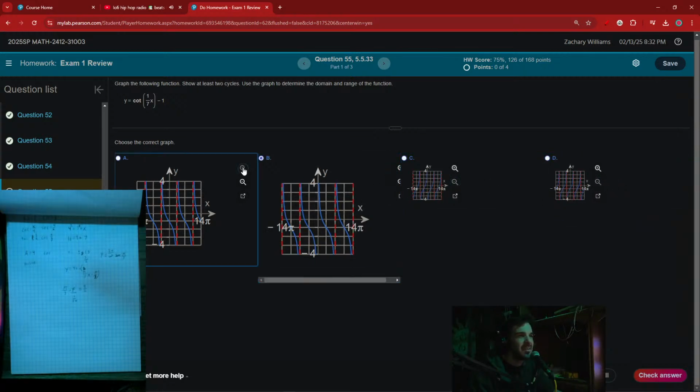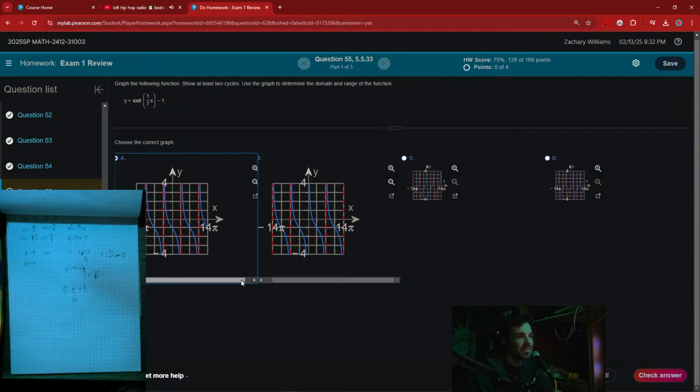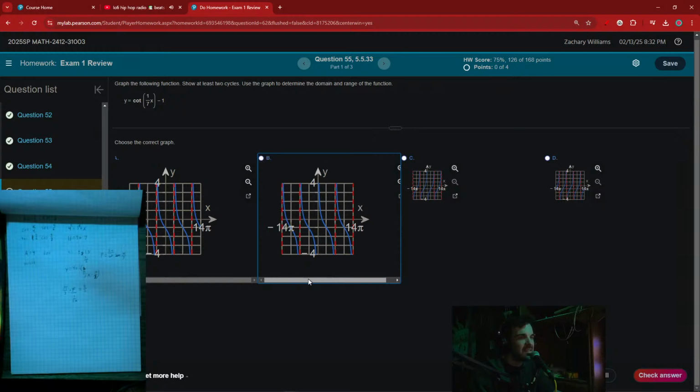So it's got to be A or B, because they're both going the normal cotangent way of approaching positive infinity as x approaches the negative asymptote. There we go. That's some math terms thrown together.